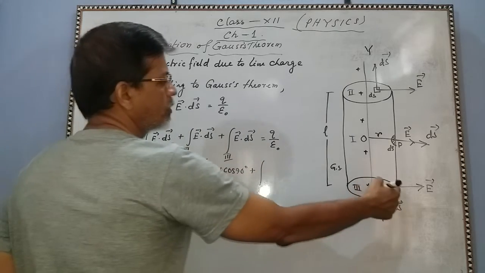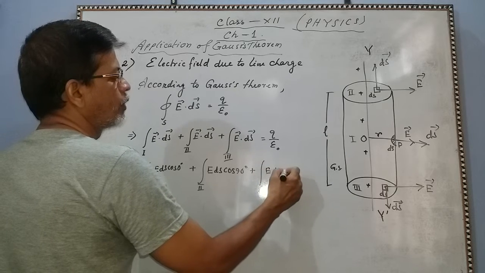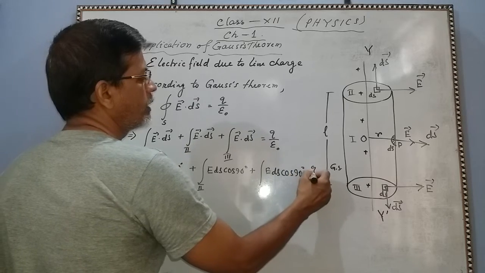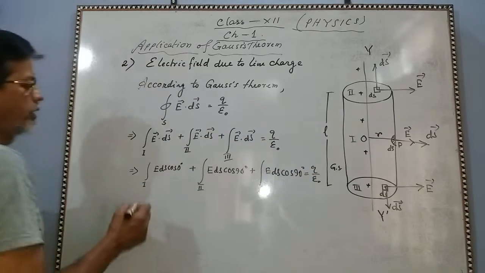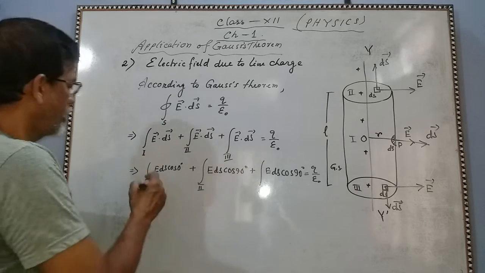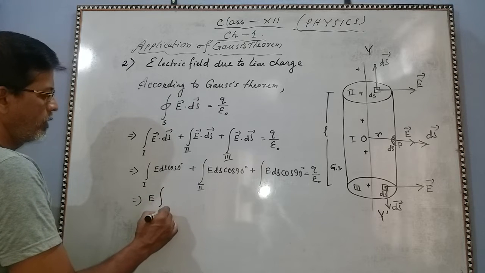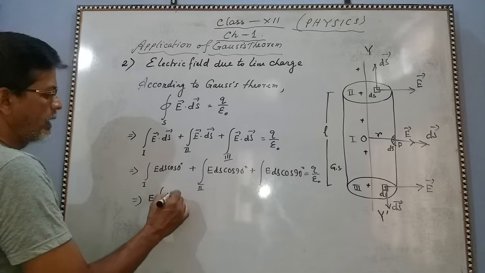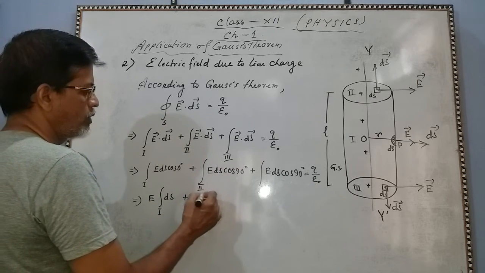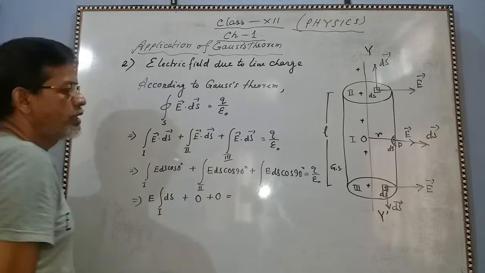Third part also, you see 90 degree. E ds cos 90 degree equal to q by epsilon naught. Now cos 0 is 1. So E is constant, integral of part 1 ds, plus cos 90 is 0. So this is 0, this is also 0.